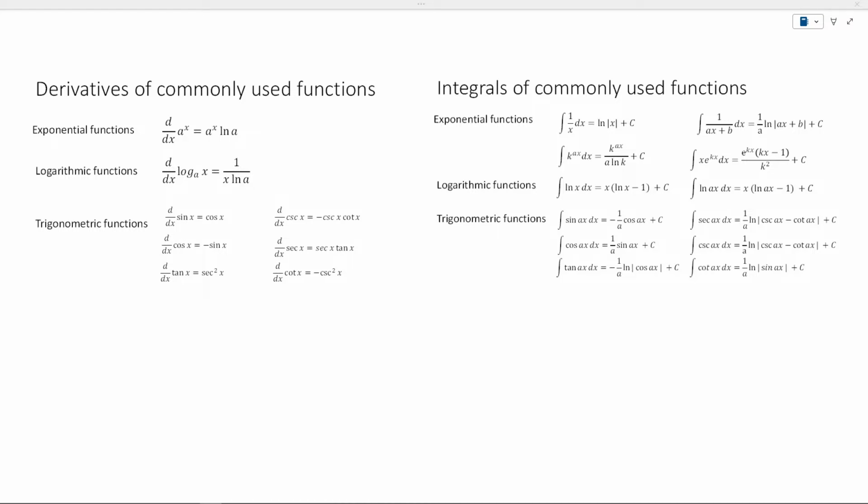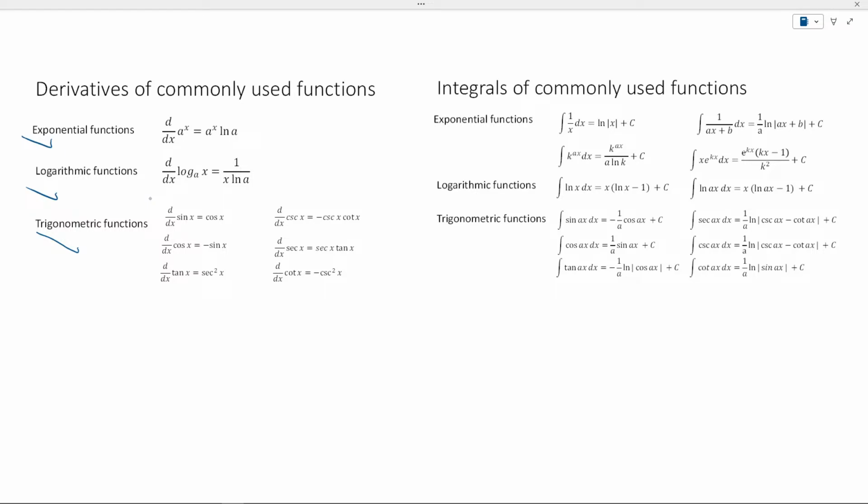Remember when we did derivatives, I told you we learned the derivative of polynomial functions, but there are other functions. It's not only polynomial functions. We have exponential functions, logarithmic functions, and trigonometric functions, and these have their own formulas.